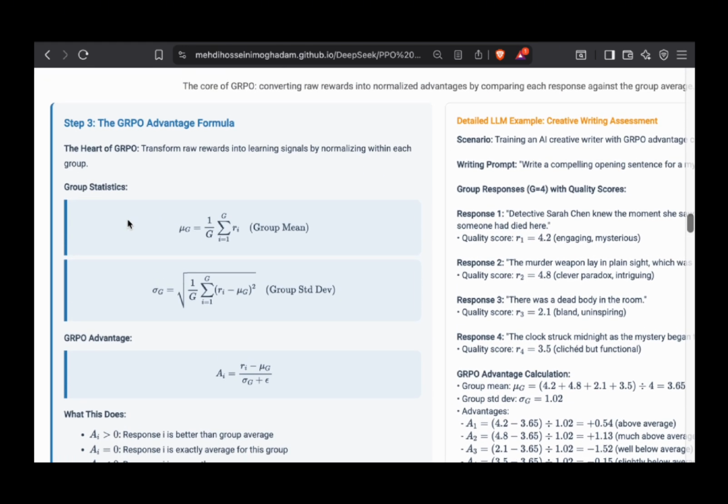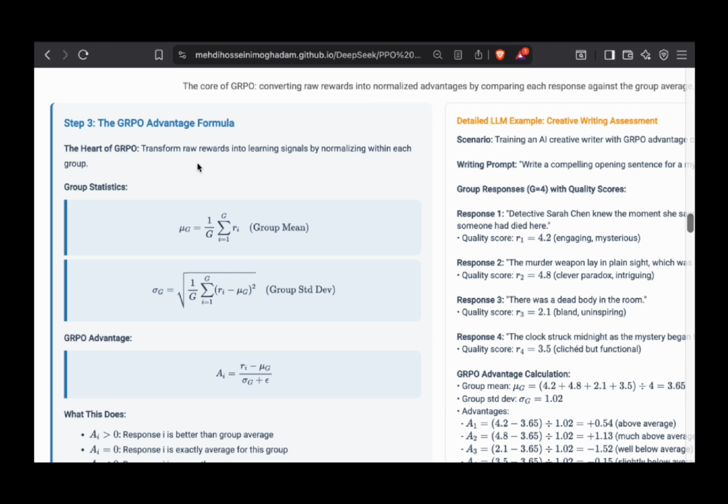Yeah, and this one is just simply the way that we calculate that advantage and the kind of advantage that we're going to give based on the performance of each element or each output within a group, which is technically the heart of GRPO.